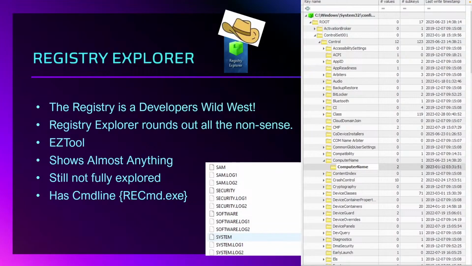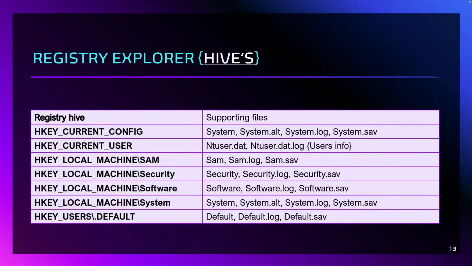Cool. To caveat the Registry Explorer, these are some of the more common registry hives: HKEY_CURRENT_CONFIG, current user, and the two main ones we really want to focus on, the system and the user. The system itself has a hive where it's the SAM, security and software.